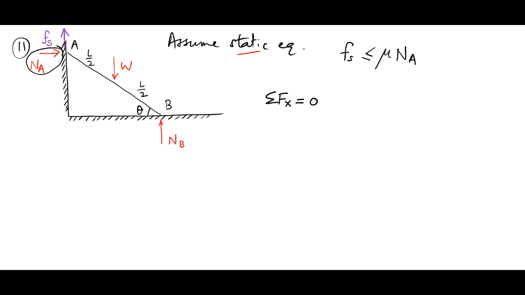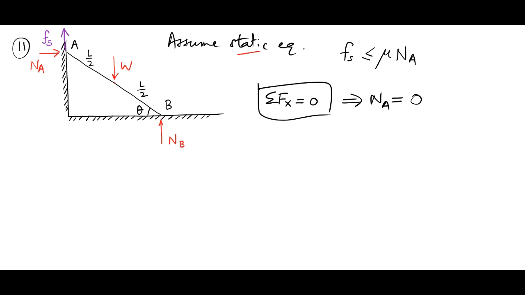And if the value of sigma Fx must be equal to 0, it follows therefore that Na, the only horizontal force in the diagram, must be equal to 0, and we will of course put that value of Na in the FBD.